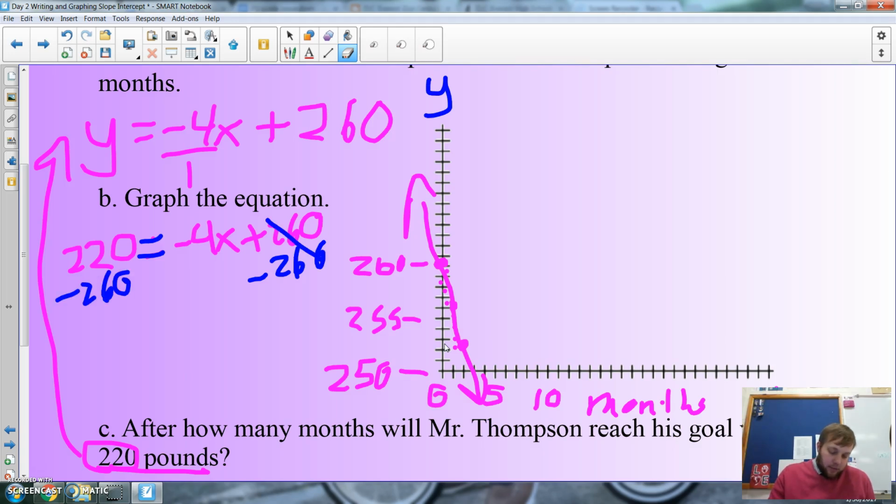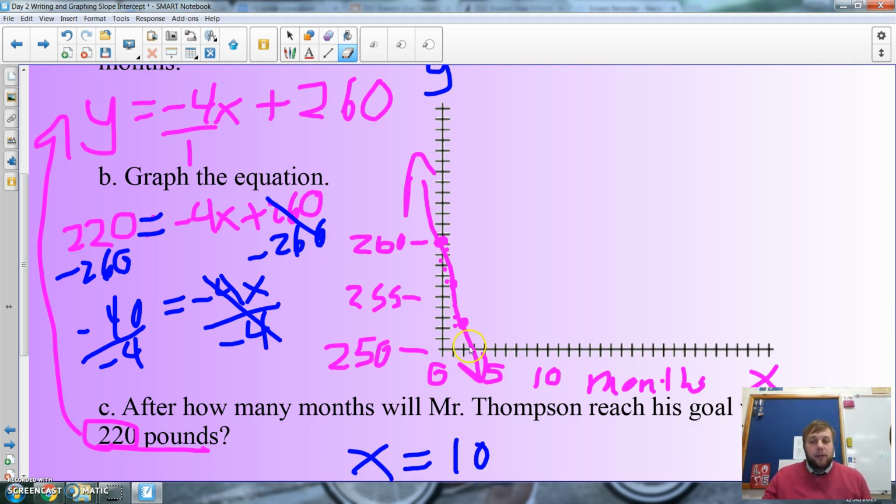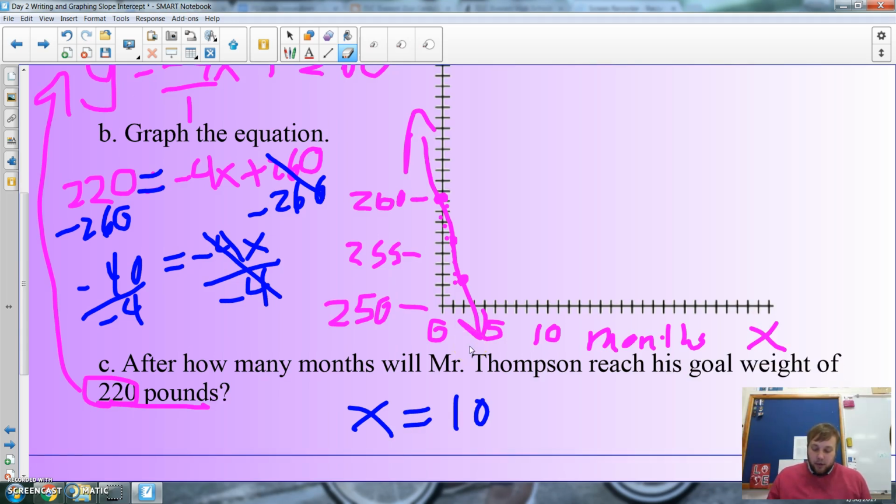And I have negative 40 equals negative 4x. Now I'm going to divide by negative 4, divide by negative 4, and I have x equals 10. This is all algebra, ladies and gentlemen. All algebra. How many months? 10 months.